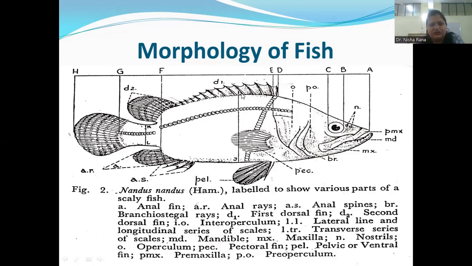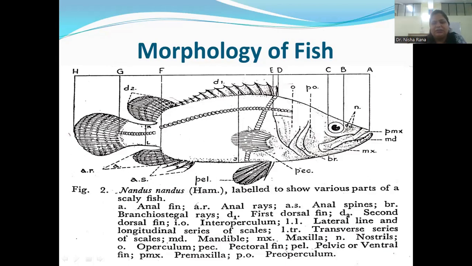Okay, then the I to J is showing the depth of the body, and this is the caudal peduncle, and A to G is the standard length of a fish. Okay, that is premaxillary, mandibularies, maxillaries, and barbels may be present in a particular type of fish species and may be absent. The number of barbels in a particular type of fish will be fixed.